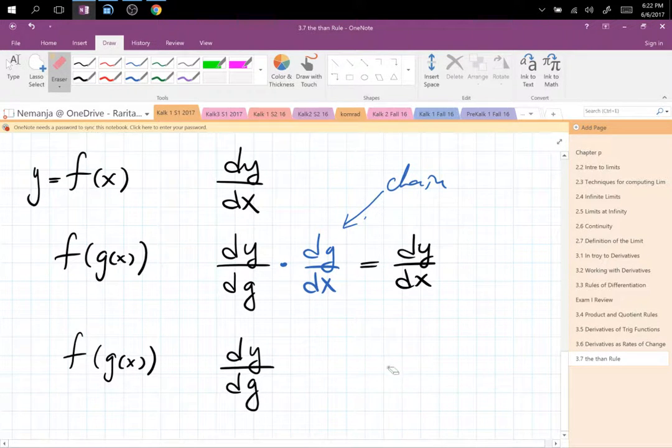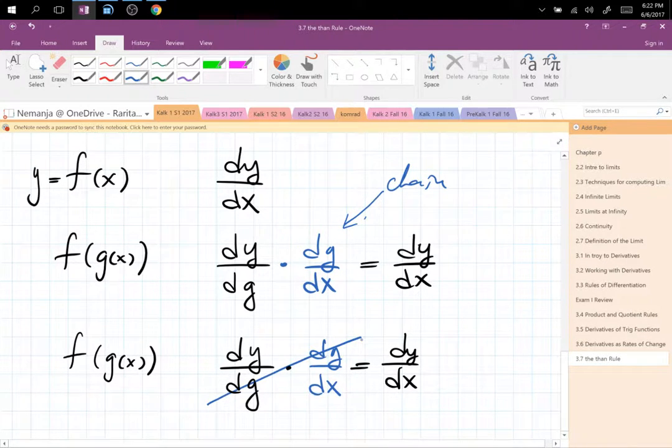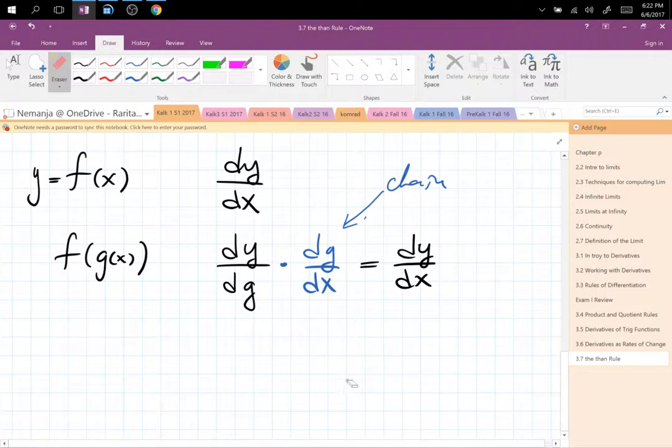Now you know that you must end with dy dx, because that's the slope of the line, right? That's the rate of change in y over change in x. So I need somehow to go from this dg into dx. So why not just put a dg over dx? These guys technically cancel, and you are left with your dy dx, which is what you need.